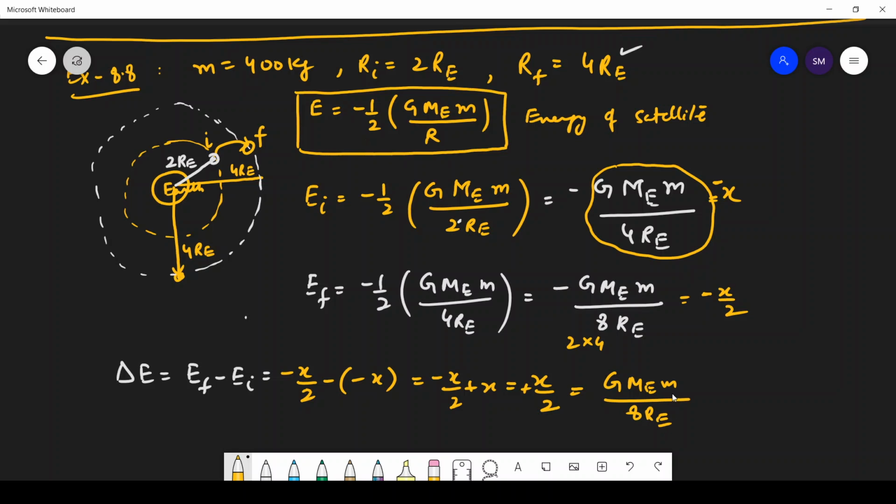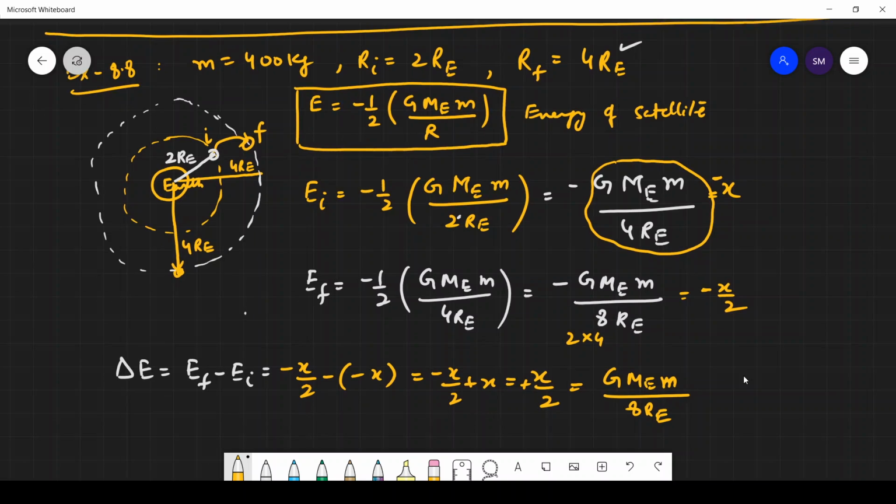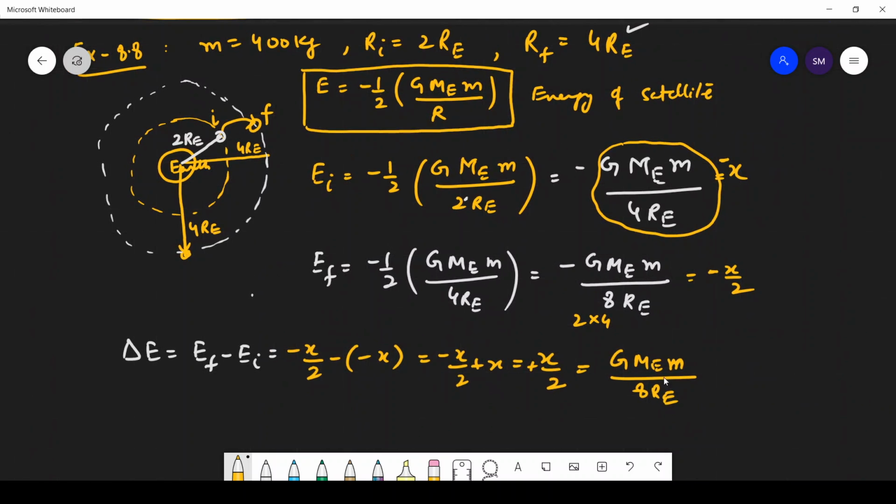Is it okay, students? Now put these values, you will get the change in energy. Okay, but here you can simplify more in terms of acceleration due to gravity, so that there will be lesser calculations. So to reduce the calculation, I know that g is equal to, so what's g equal to, students? Yes, tell me the formula, hurry up.